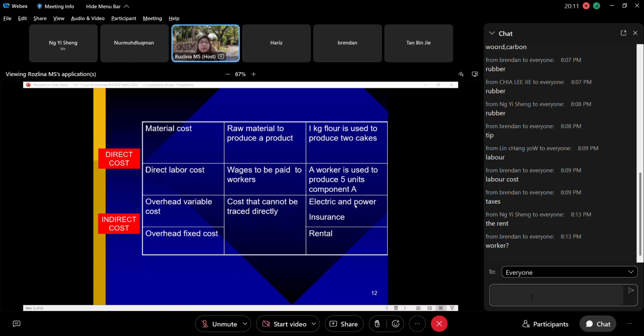Such as electric, power, insurance. It is based on unit. Okay, for the fixed cost, rental. Okay, who can explain? Rental is a fixed cost. How can you explain that rental is a fixed cost?